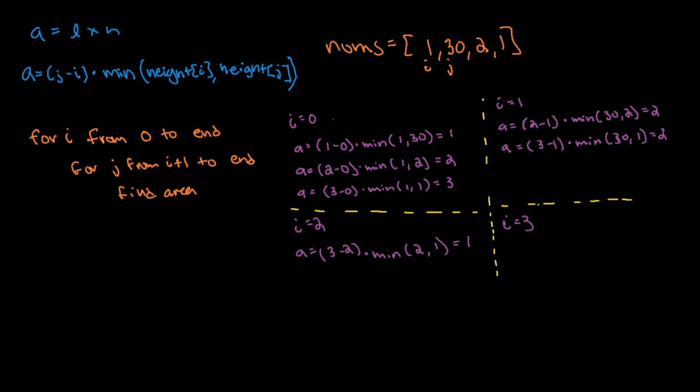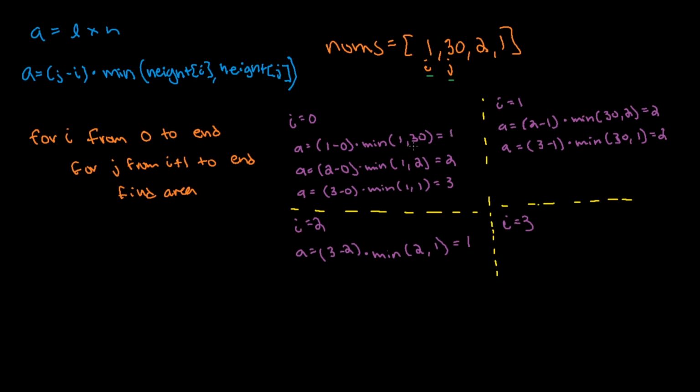For i equals 0, we start here at 1, and then our j will be initialized to here, pointing to 30. According to our area formula, we do j minus i times the min of both heights. So here, we do j, which is 1, minus 0, times the min of 1 and 30, and the min of 1 and 30 is just 1.